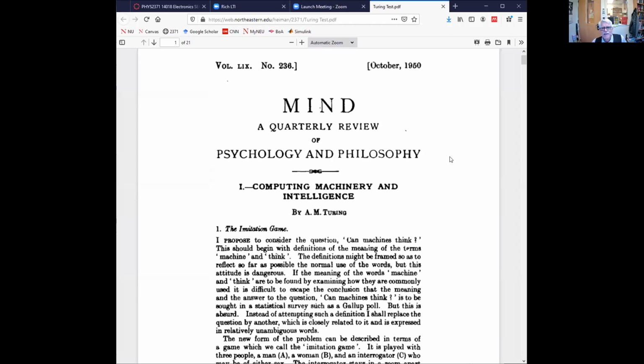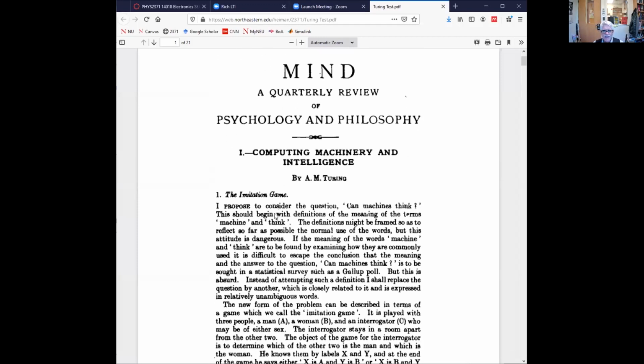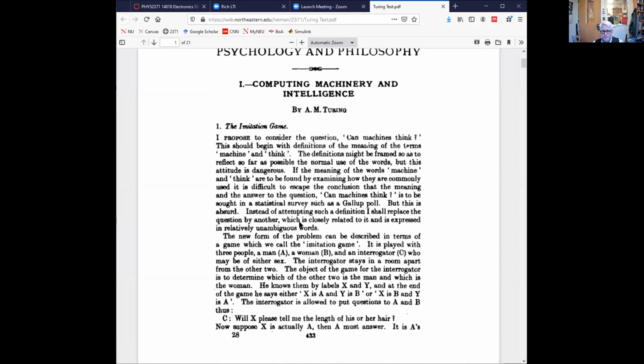It's a quarterly review called Mind, about psychology and philosophy. And the first part of his paper was called The Imitation Game. And the whole idea was, can machines think? Okay. And we know we can generate numbers and things from computers, but can they think?